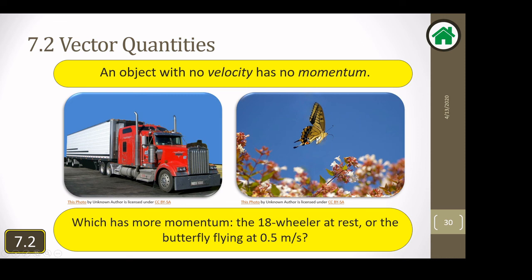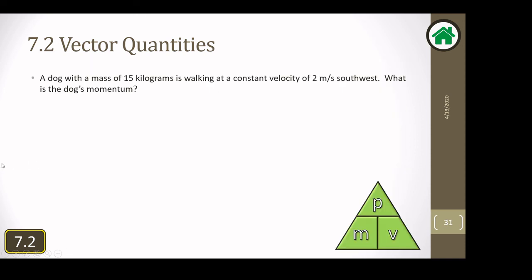And even though the butterfly's momentum is tiny, it's still bigger than zero. So as long as this butterfly is moving and the 18-wheeler isn't moving, then the butterfly has more momentum. Now, if the 18-wheeler starts moving at the same speed as the butterfly, then yes, of course, the 18-wheeler would have loads more momentum than the butterfly. But as long as the 18-wheeler is sitting still, it has zero momentum.